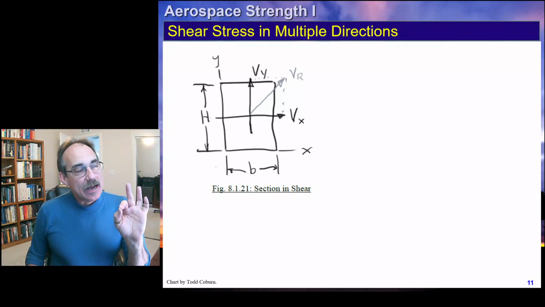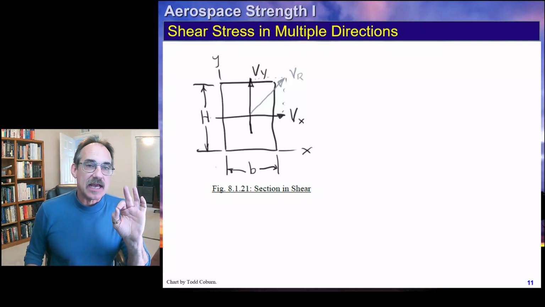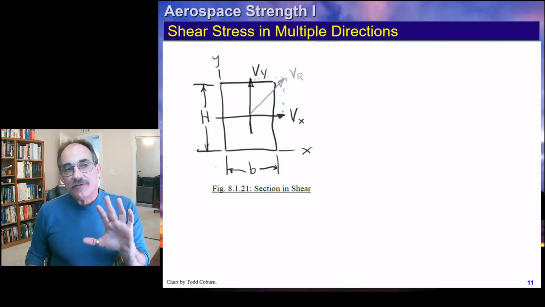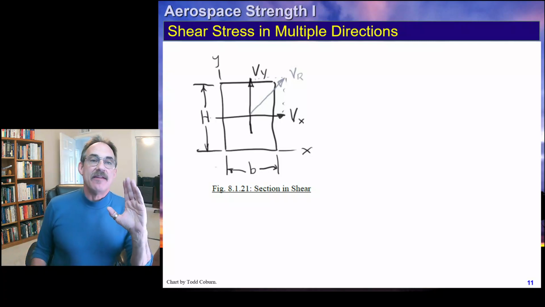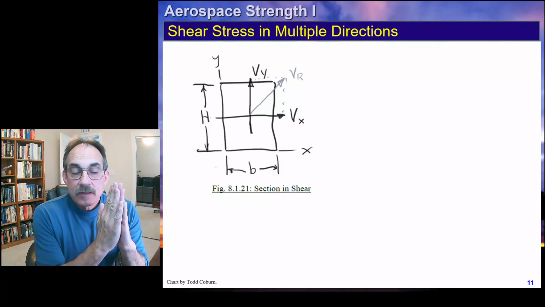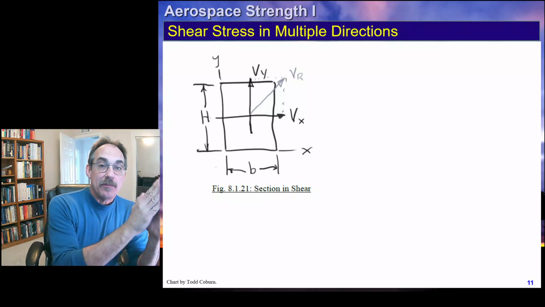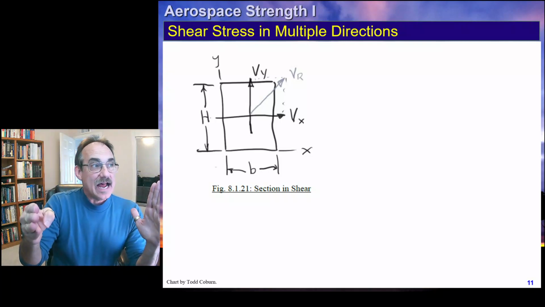Now this little thing, we hardly do this. There's only a few times in industry we'll need to do this kind of thing, but let's say we have two shear forces. That Vx is going to cause a parabolic distribution of shear stress from the left side of the part to the right side.